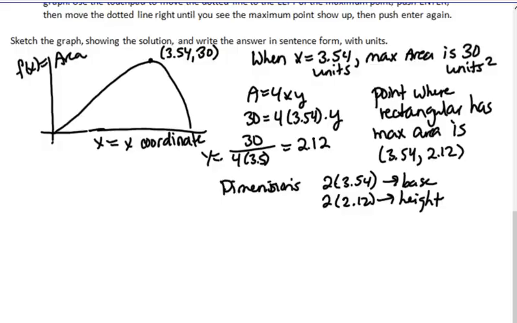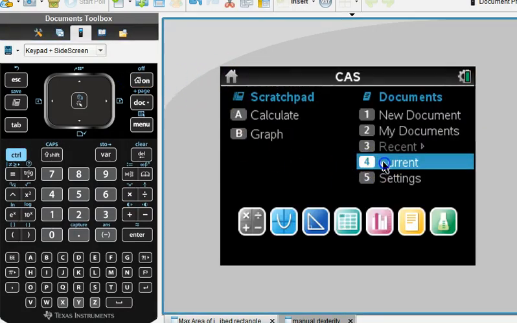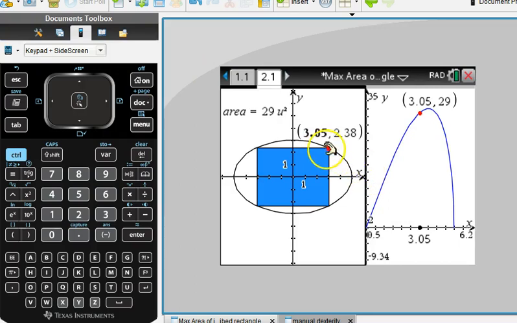Now if we go back and look at the animation that we did here, I'll try to get this to be exactly at 3.54. It'll be a little tricky to get it there. Let's see if I can get it. It's so hard.